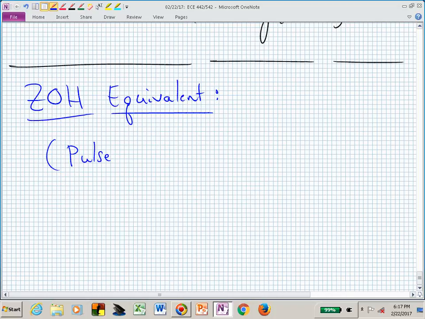It's the same thing. Okay? So this is what happens if you hit your system with a pulse. It's the pulse response, but it's in the frequency domain. This is the pulse response transfer function.